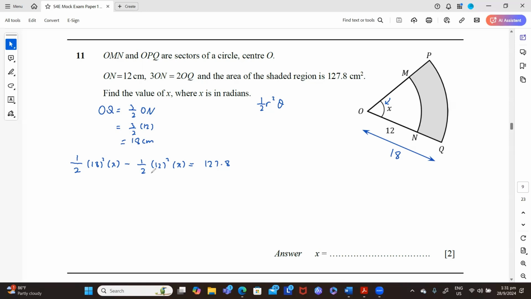Okay, so before you do this, you can actually factorize half x out. So you're just dealing with 18 square minus 12 square.